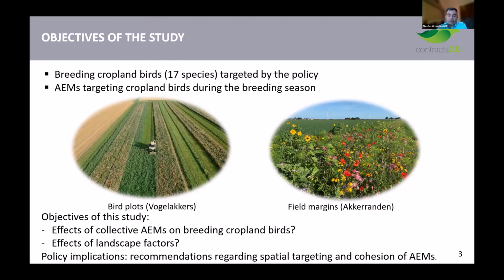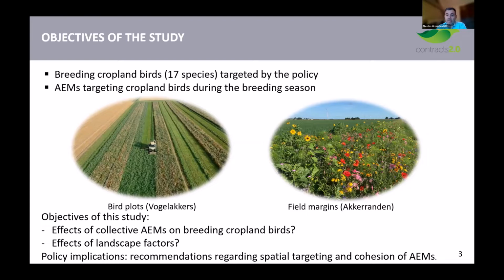Those plots aim to provide habitats, especially to skylarks, because they have alfalfa, which is favorable for these species, and also food: insects, mice, especially mice for birds of prey, and insects and seeds for other species.